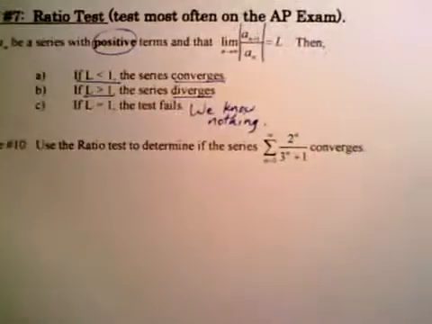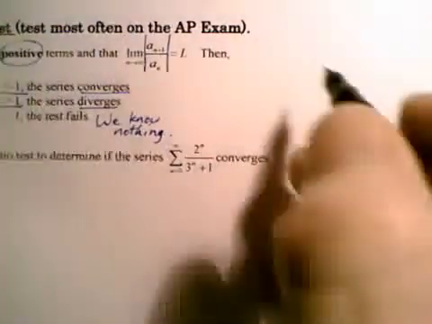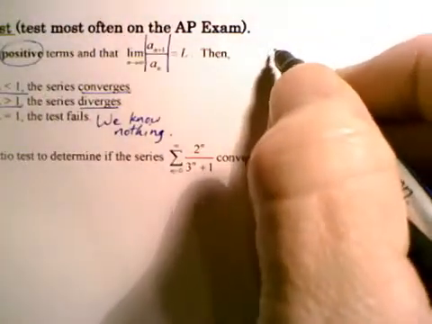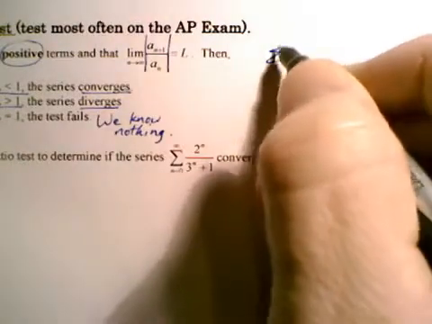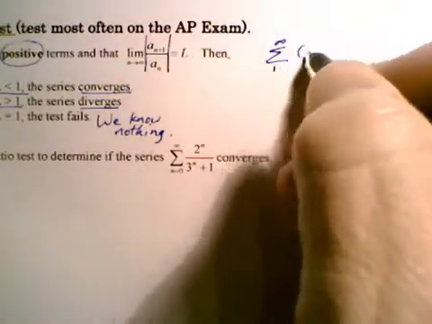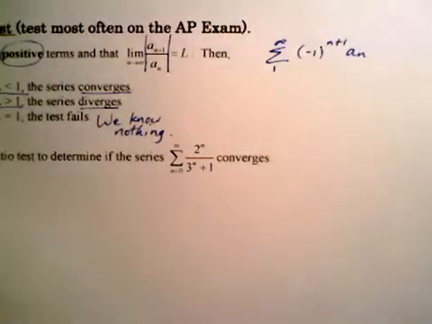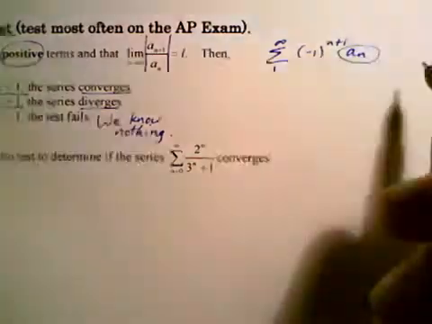So what I want you to be thinking about, if the series does happen to be an alternating series, is the sum from n equals 1 to infinity of negative 1 to the n plus 1 times a sub n. You're just going to pick off that part right there.